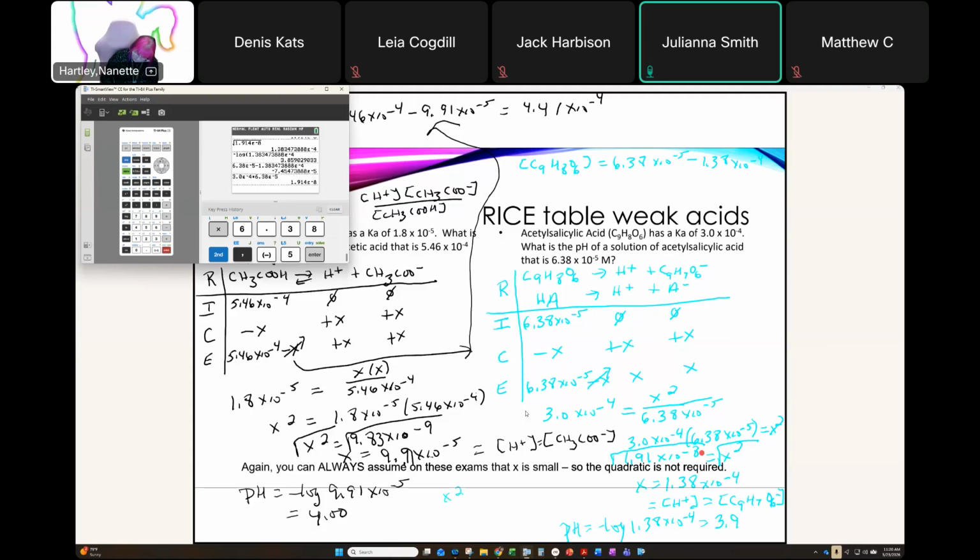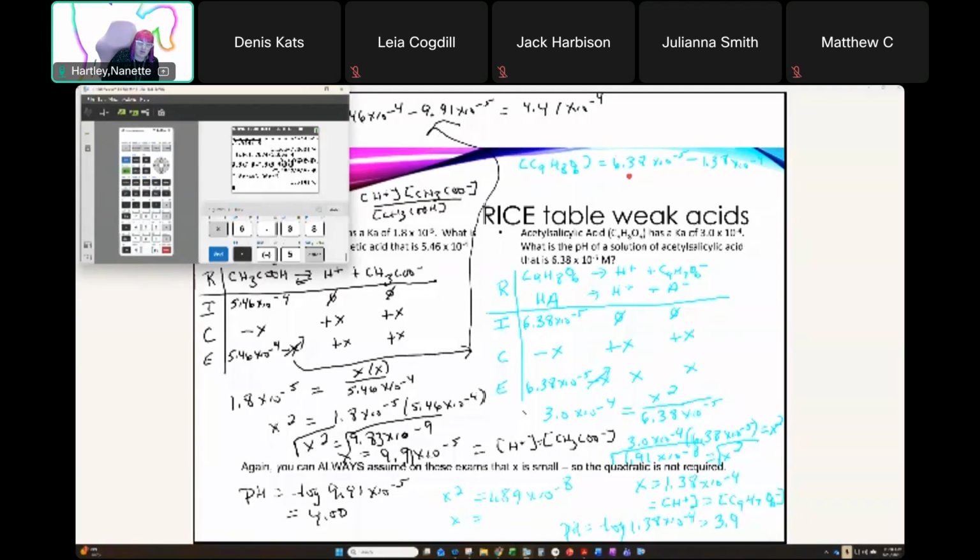Then once I kept going, I eventually got 1.37 times 10 to the negative 4 instead of that negative. And all of mine were positive. We ended up with the negative once we got to the subtraction right here. So it's when we were solving for the concentration of the C9H8O6.